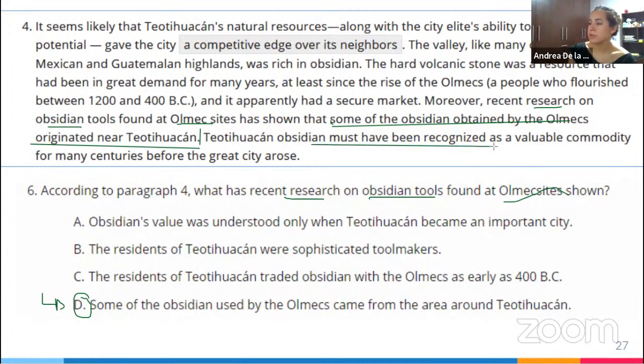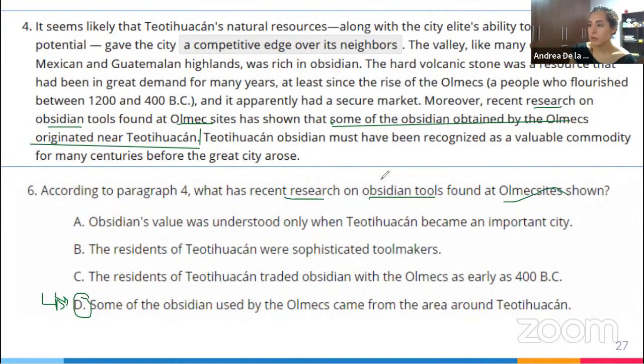This is not what the research showed, right? This is like the conclusion based on the research, but that's not exactly what the research showed. So we are not going to consider that information. The research showed that the obsidian obtained by the Olmecs originated near Teotihuacan. We look for one that says the same, and it is definitely option D.